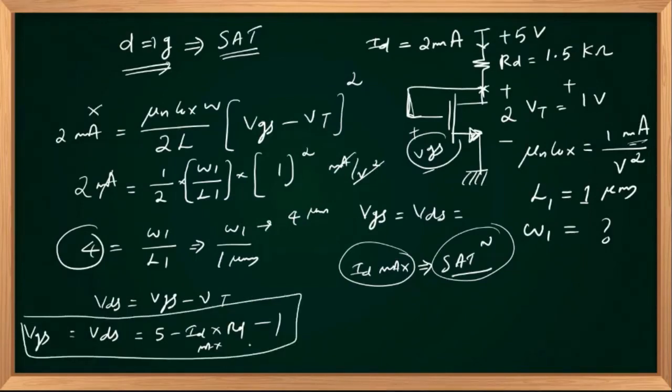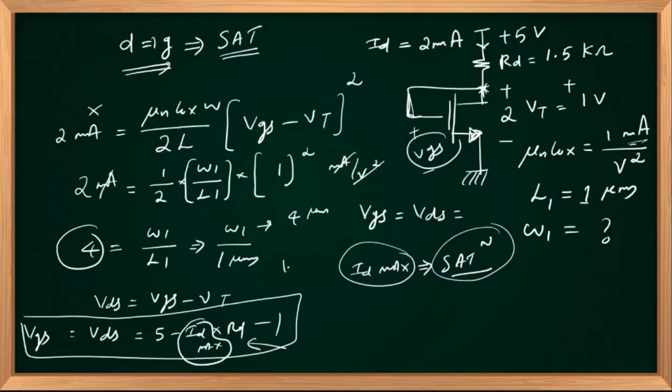Then the RD value is known to us, and you can directly evaluate ID max. So this is not simple. You should identify VGS in terms of ID max, then substitute it, then find the value of ID max, because VGS is a function of ID max. It's not a constant. Right?